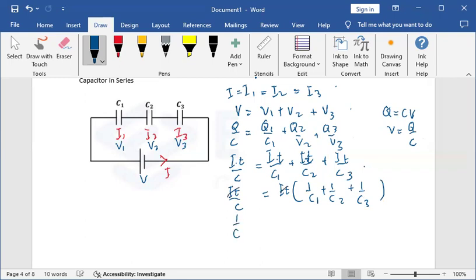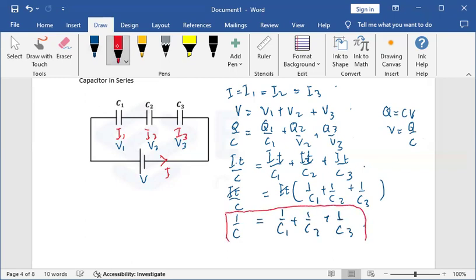So 1 over C equals 1 over C1 plus 1 over C2 plus 1 over C3. So the equation to find total capacitance of capacitors arranged in series is 1 over C equals 1 over C1 plus 1 over C2 plus 1 over C3.